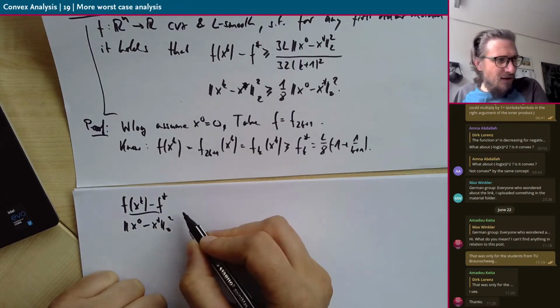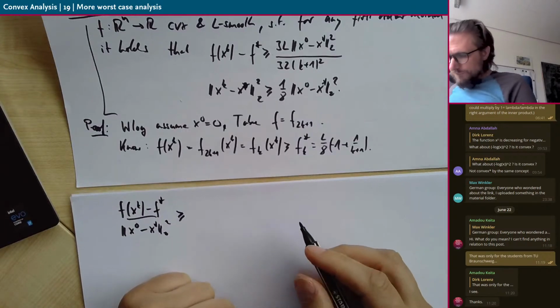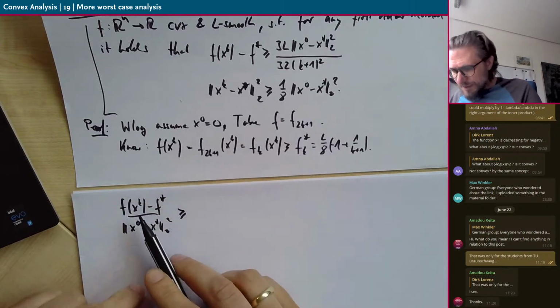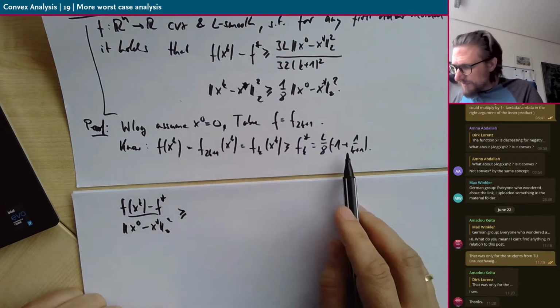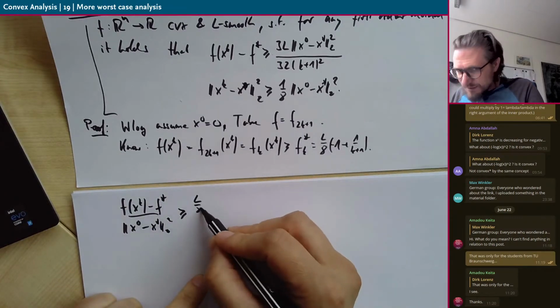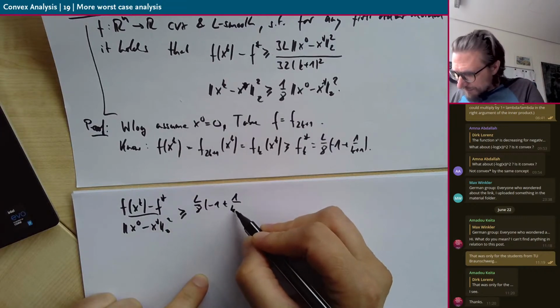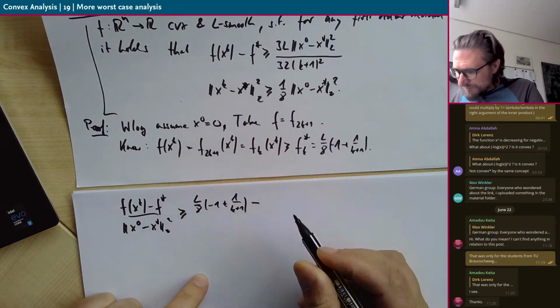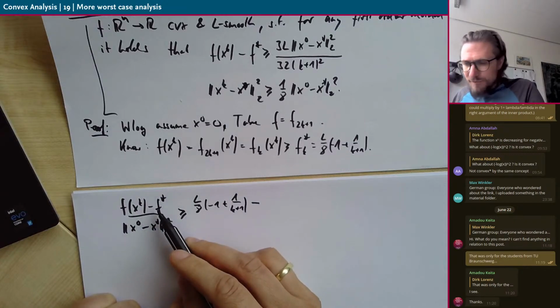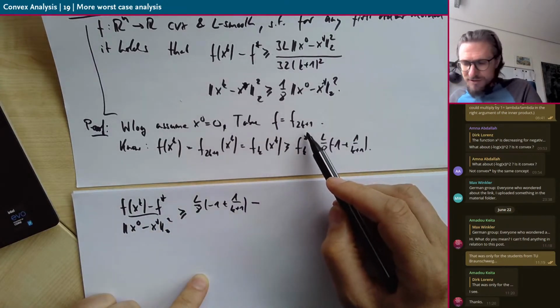So okay, and this now we can bound from below. So first we make this term smaller by using that value. So it's L over 8 times (minus 1 plus 1 over k plus 1). And then we have to subtract the minimum value of f, but f now is the one with 2k plus 1 down here.